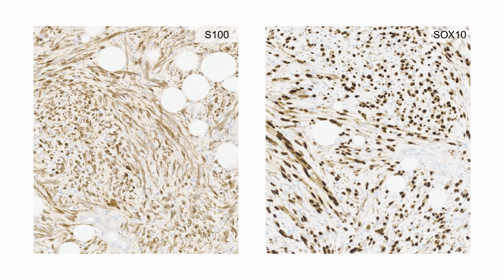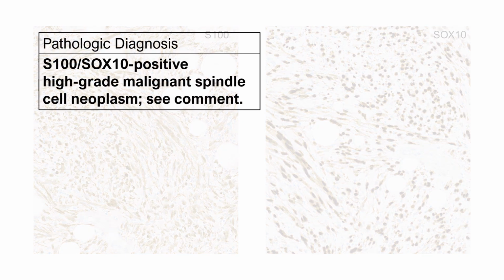I would think of that almost as when you have progression towards an anaplastic tumor as opposed to just aberrant staining. So I signed this out as an S100 SOX10 positive high-grade malignant spindle cell neoplasm. See comment. I will note that I also did additional melanocytic markers which were negative in this sample.